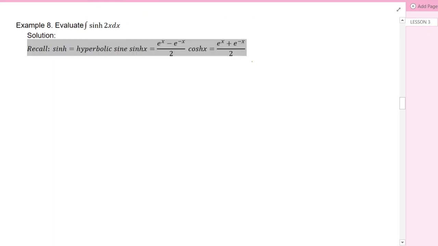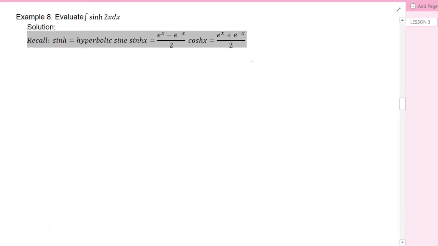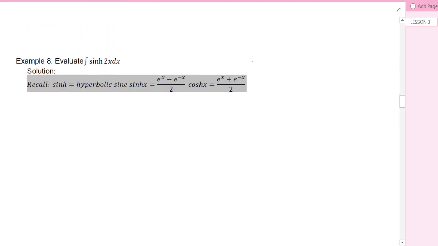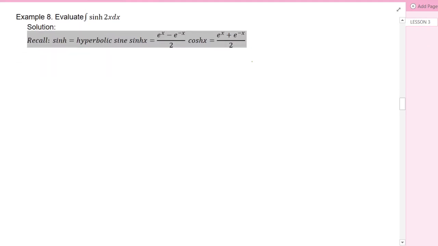For number 8, that is the final example for your exponential. That is hyperbolic sine. Okay, your hyperbolic sine 2x dx, that is it. Okay, this is the identity for hyperbolic sine.